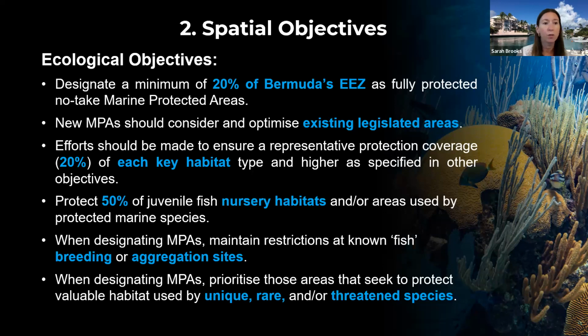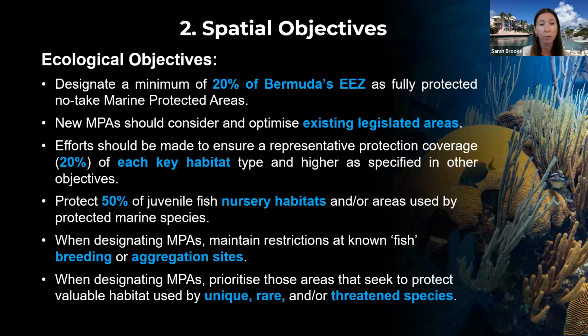So there's an objective to designate a minimum of 20% of Bermuda's EEZ as fully protected no-take MPAs, that new MPAs should consider and optimize existing legislated areas, that we should protect a representative 20% coverage of each key habitat, that we should protect 50% of juvenile fish nursery habitats.